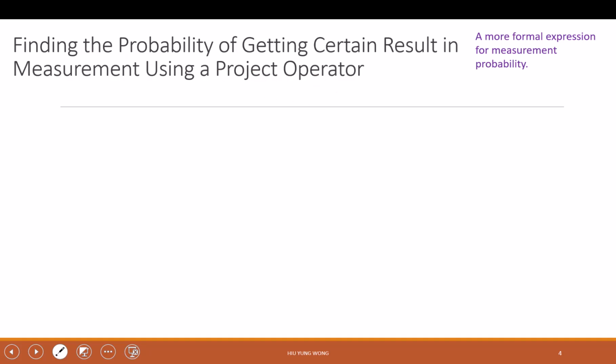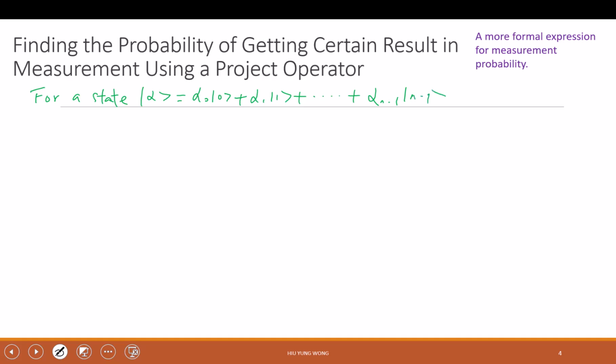Okay, so how do we use the projection operator for measurement? This is what we want to say for a state alpha. Now I make it general: alpha equals alpha_0|0> plus alpha_1|1> plus all the way to alpha_{n-1}|n-1>.